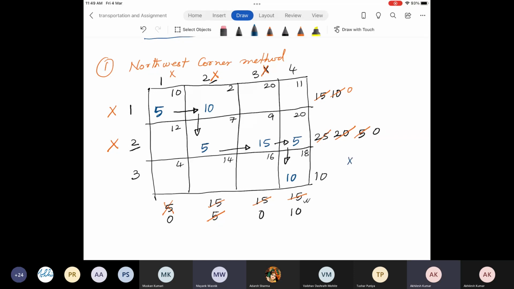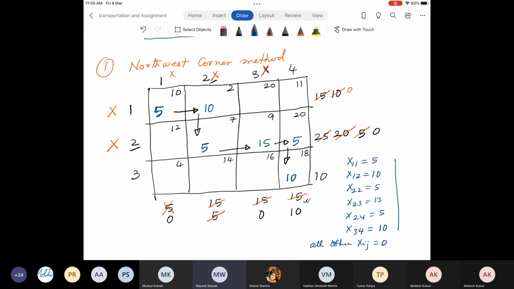So I can write x11 equals 5, x12 equals 10, x22 equals 5, x23 equals 15, x24 equals 5, and x34 equals 10. All other xij's equal 0.